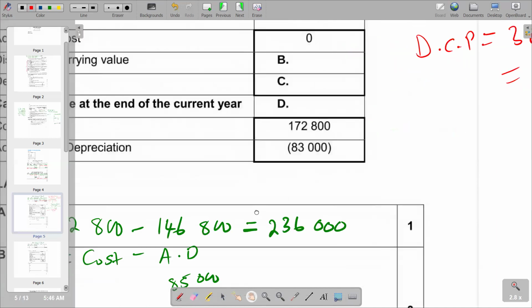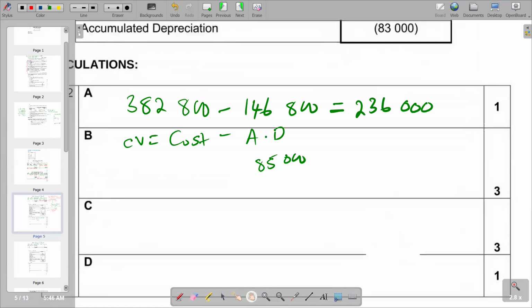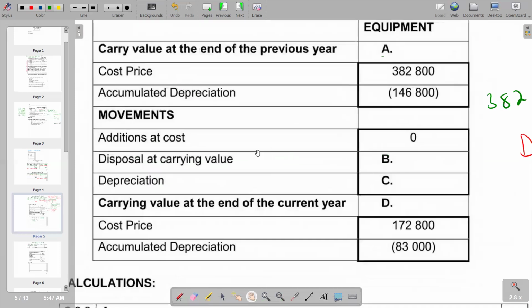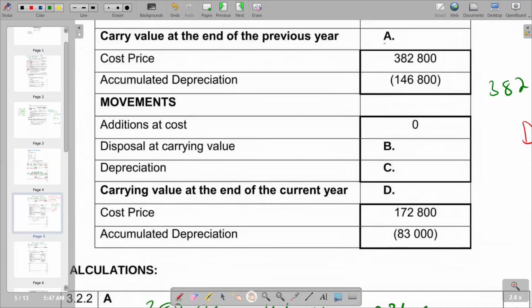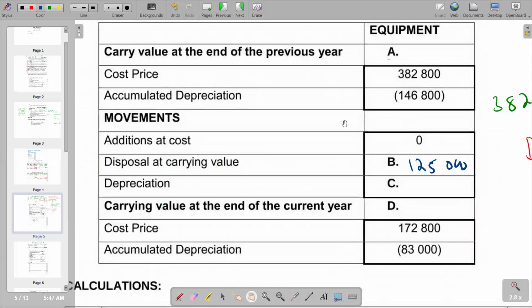Now on our calculation, we are saying 210,000 is the cost minus accumulated depreciation, and then we're going to get your answer, which is 125,000. That is our B. Remember our A, we calculated it and we got 236,000. So we are putting 236,000 there.